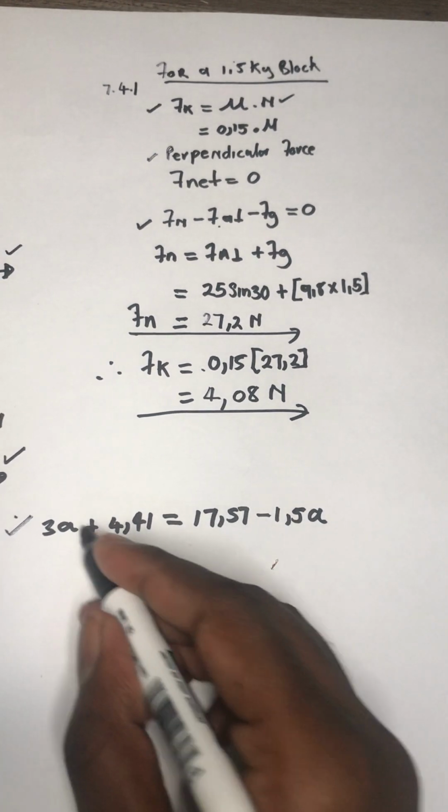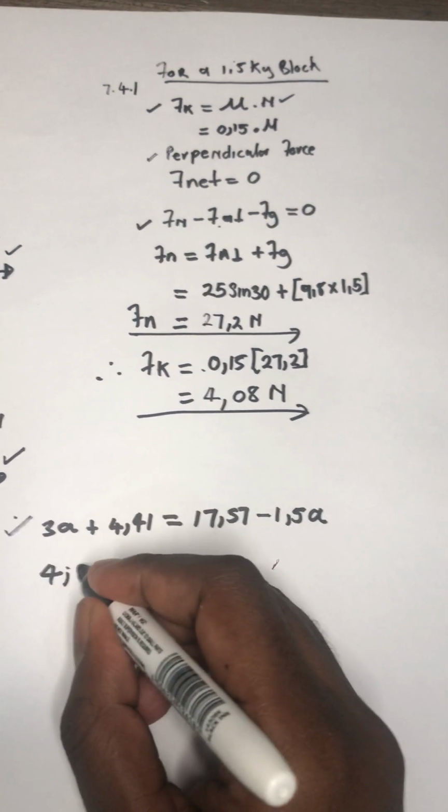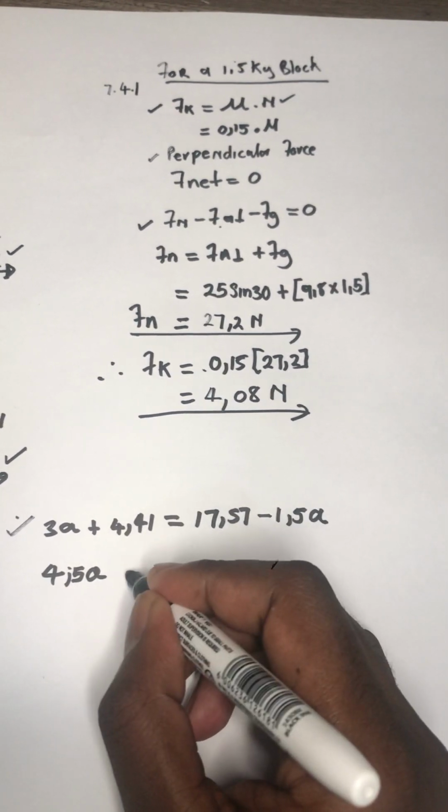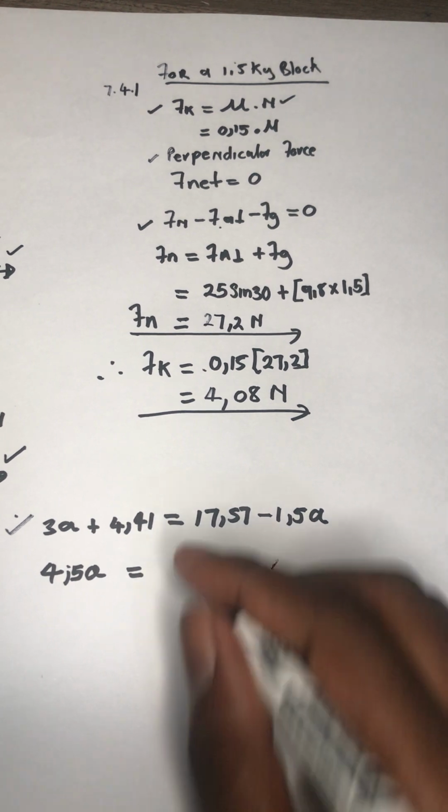Okay, so this plus this would be 4,5a equals 17,57 minus 4,41, because the sign changes, and this is 13,16.